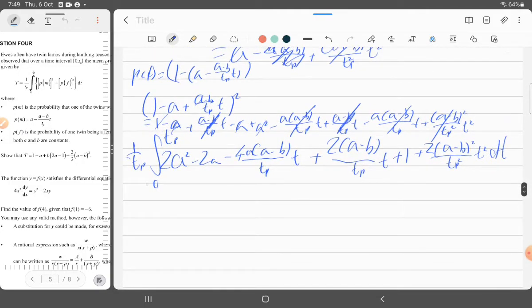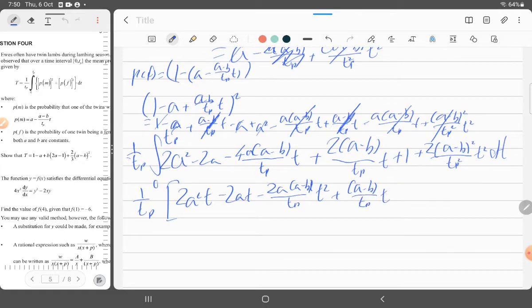So we differentiate this in relation to t. So 2a squared t minus 2at minus 2a, because a minus b over tp t squared, plus a minus b over tp t squared plus t, plus t, plus a minus b all squared over t squared tp squared over 2 over 3 t cubed from tp to 0.